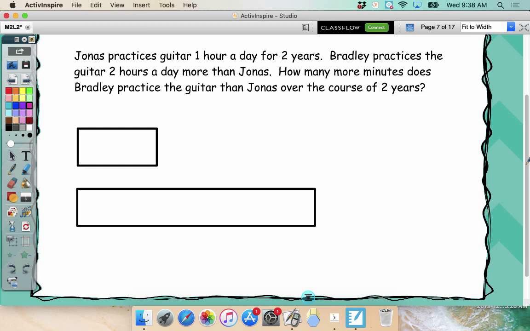Now my question is, how many more minutes, okay? So I want to talk about how many more. Think back to second grade and third grade. When you got a word problem that said how many more, do you remember what you did? Yeah. What did you do? Yeah. You subtracted, okay? You added when it said what is the total amount or something like that, right? Okay, so we know we're going to be subtracting at some point in here.